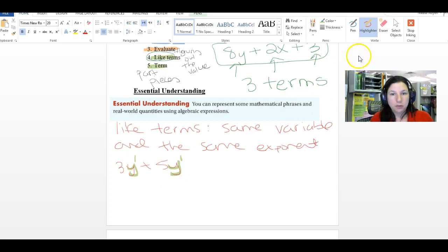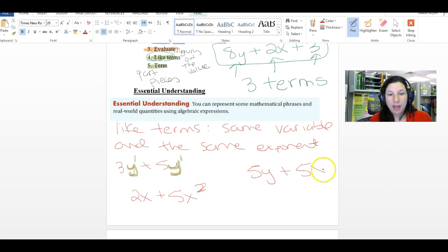That makes them like terms. If I had 2x and 5x squared, yes, they're both x's, but their exponents are not the same, so those are not like terms. If your coefficients are the same, so maybe 5y and 5x, their coefficients are the same, but that does not make them like terms. They need to have the same variable and the same exponent, which is not the case here. So if they're not like terms, keep the pieces separate, don't put them together.